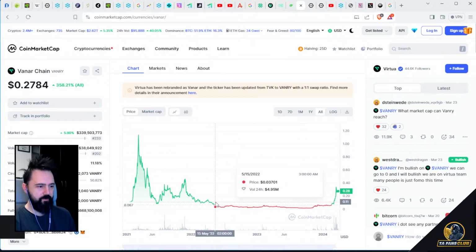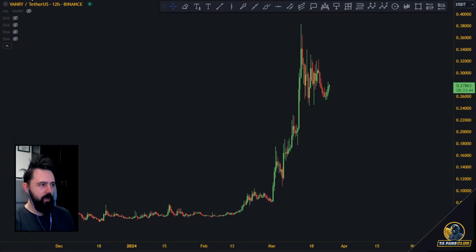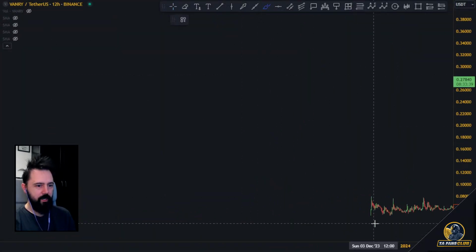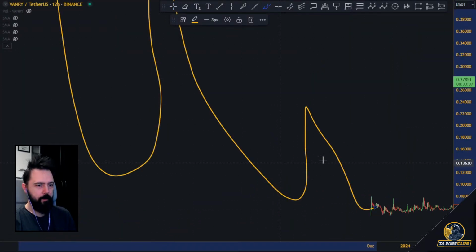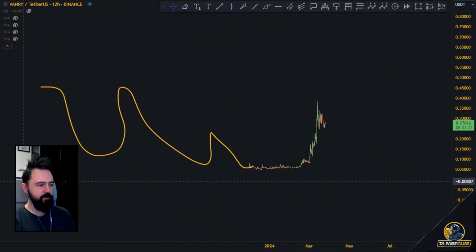So we only have the data from here. We don't have this data over here. We need a chart with all of this data. Where do we find a chart with this data over here? How do we get the rest of the data, guys?